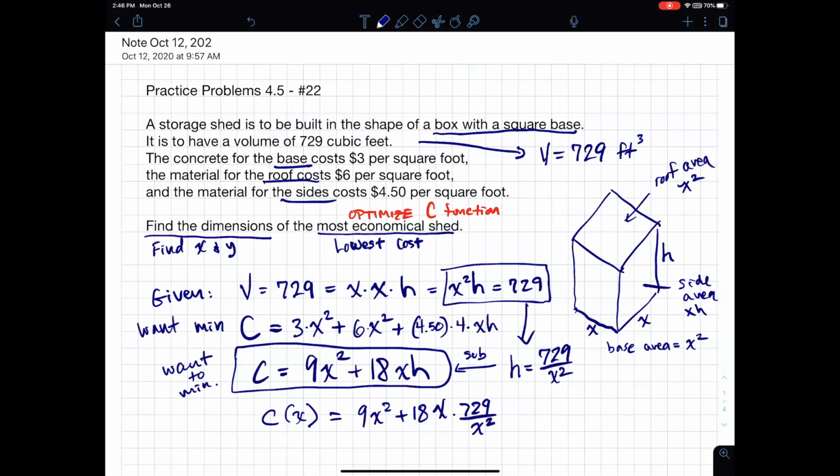So now I have a function that's only in terms of x, and now I can try to minimize the values of this function by taking its derivative, looking for critical values where the derivative is equal to 0, etc.